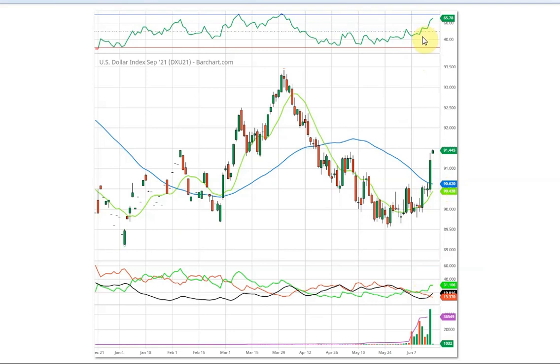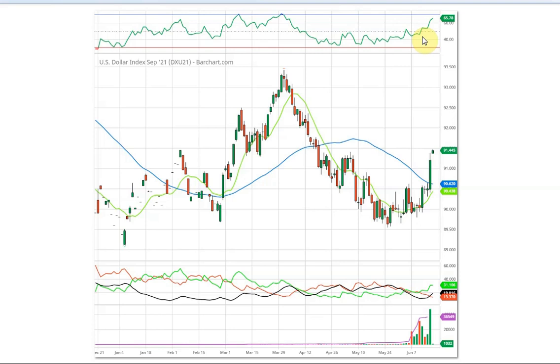Now, why would I make such a big deal about the US dollar? Well, if the US dollar is going up versus all other currencies, what does that mean for commodities? Well, it means that commodities, because they are priced in US dollars, are going to be more expensive in those foreign currencies for foreigners.